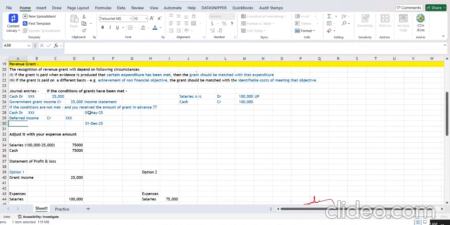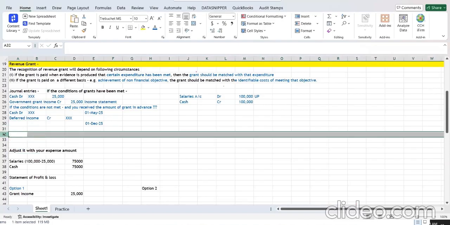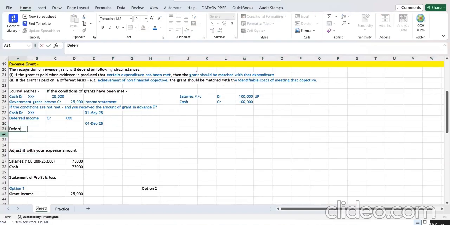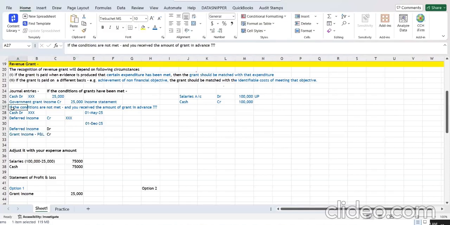You would debit your deferred income. You would recognize grant income in your P&L, right? So this should be your credit. So why this?